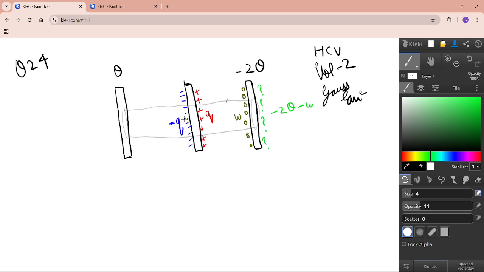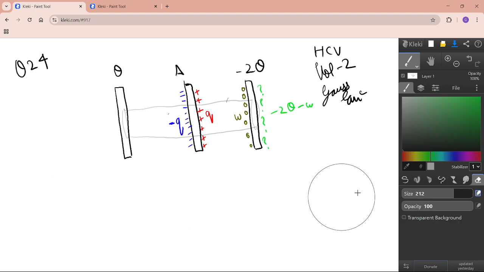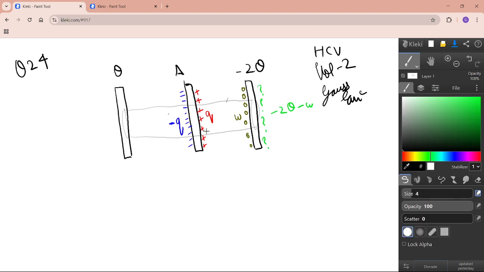If you take A as the area on both sides, then the field by this is minus q upon 2 epsilon naught, and by this is q upon 2A epsilon naught. They're on the same side, and if the point is on the other side and the charge is on the same side, then you can directly add, right? Minus q upon 2A epsilon naught, and it cuts. So you do not need to worry about them.